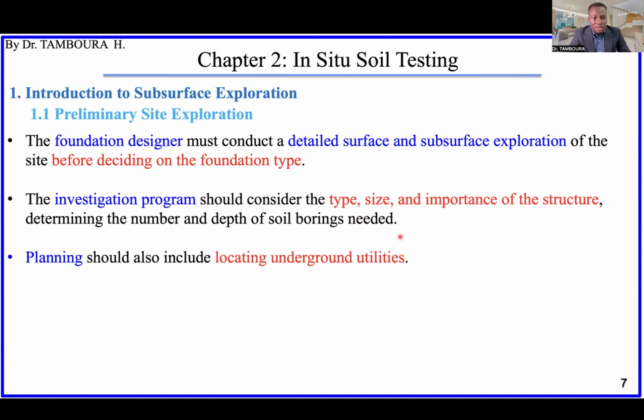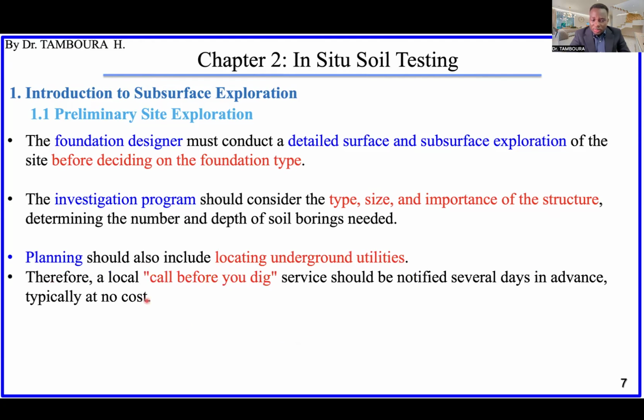Planning is necessary. So planning should also include locating the underground utilities. Okay, you cannot just go and dig everywhere without knowing first that at this place maybe there is a water or gas pipeline or something like that. So we have to consider this also.